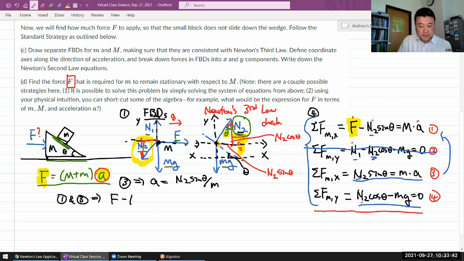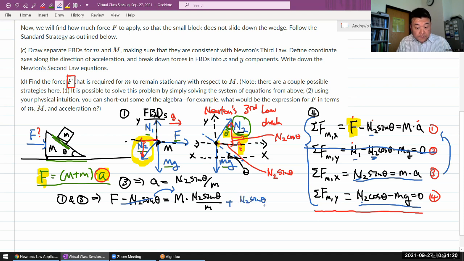F minus N2 sine theta is equal to big M times this expression for acceleration, N2 sine theta over small m. Let me simplify it a little bit because I see an easy simplification. If I move this over to the right hand side, then I have this plus N2 sine theta.